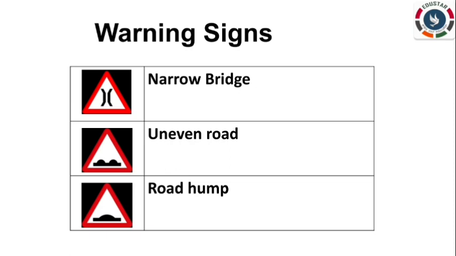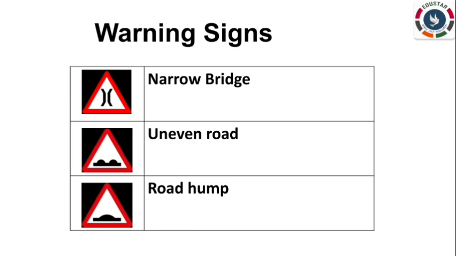Other places where warning signs can be used include hospitals, schools, business industries, airports, and so on. When used on roads, they are also referred to as traffic signs and are used to make the road users aware of a hazard ahead that might not be apparent.